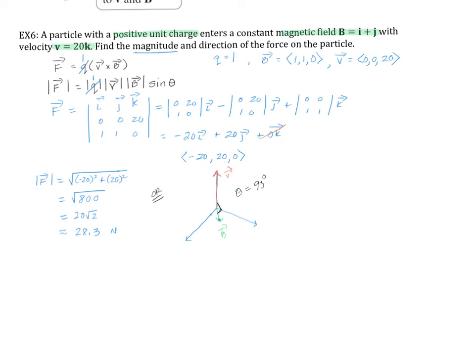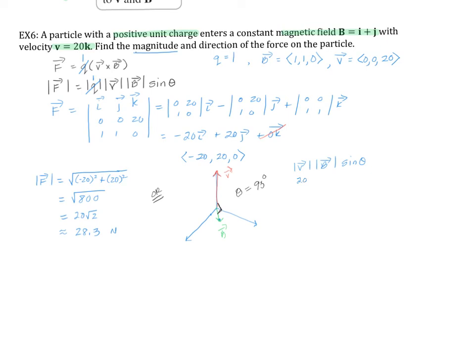Looking at our second equation, the absolute value of q is just 1. So we have the magnitude of v times the magnitude of b times sine of theta. The magnitude of v is the square root of 20 squared, which is 20.